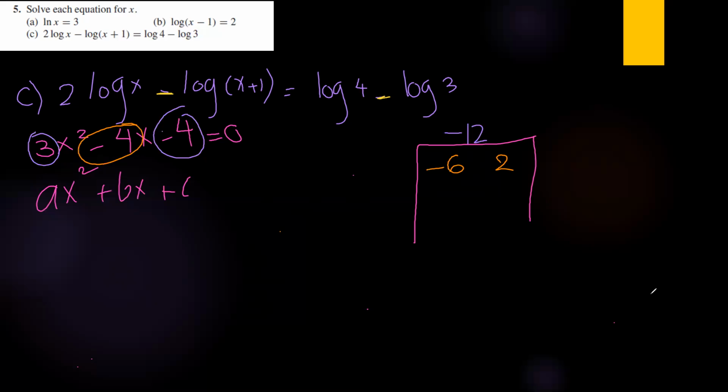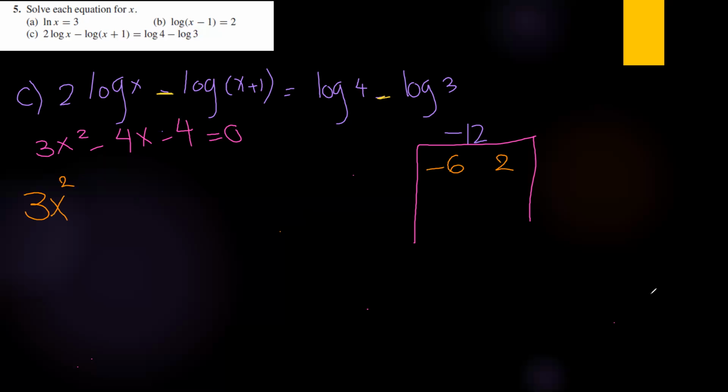Now, what do we have to do? The second step, you have to expand the function, like 3x squared minus. Now, instead of writing 4x, I want you to write negative 6x plus 2x, because negative 4 is negative 6 plus 2.